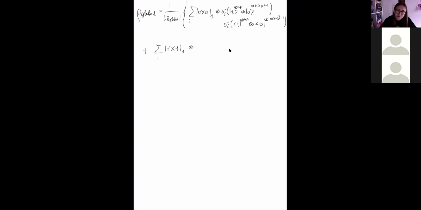So this is just summing over the states which start with 1 for system 1. And here we have Np minus 1 ones and N minus p zeros, and also the complex conjugates because it's a density matrix.